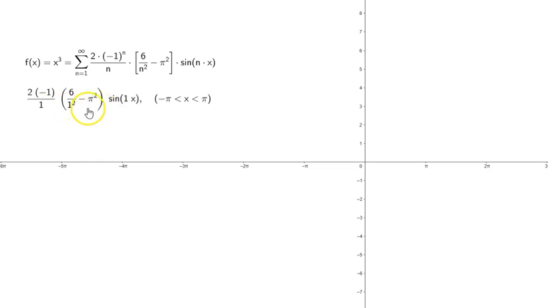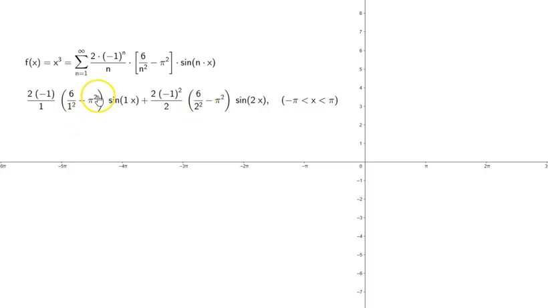With just the first term, we have 2 times minus 1 to the power of 1 by 1 times 6 by 1 square minus pi square sine 1x. With two terms, we end up with this: the first term plus 2 times minus 1 square by 2 times 6 by 2 to the power of 2 minus pi square times sine 2x.